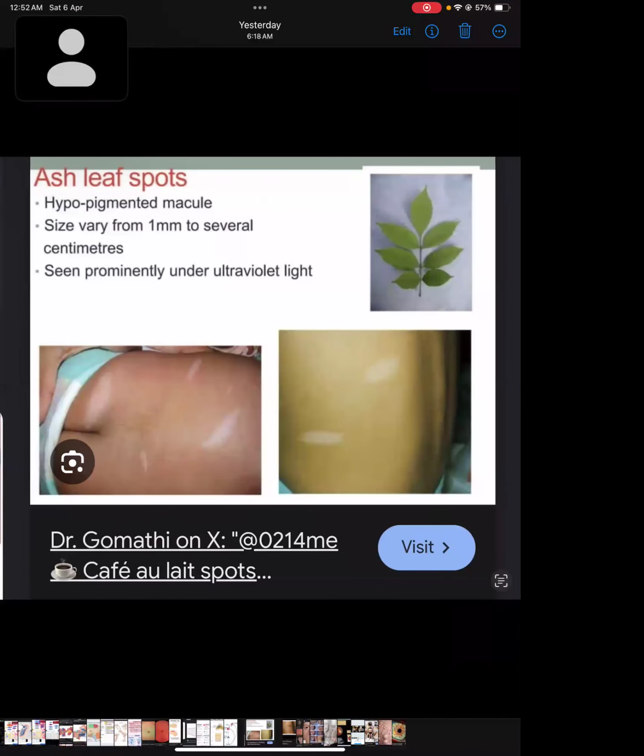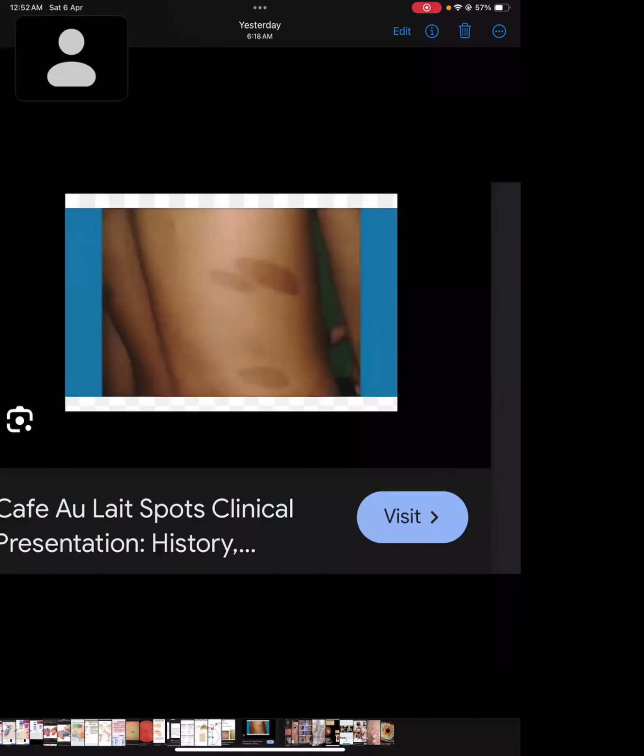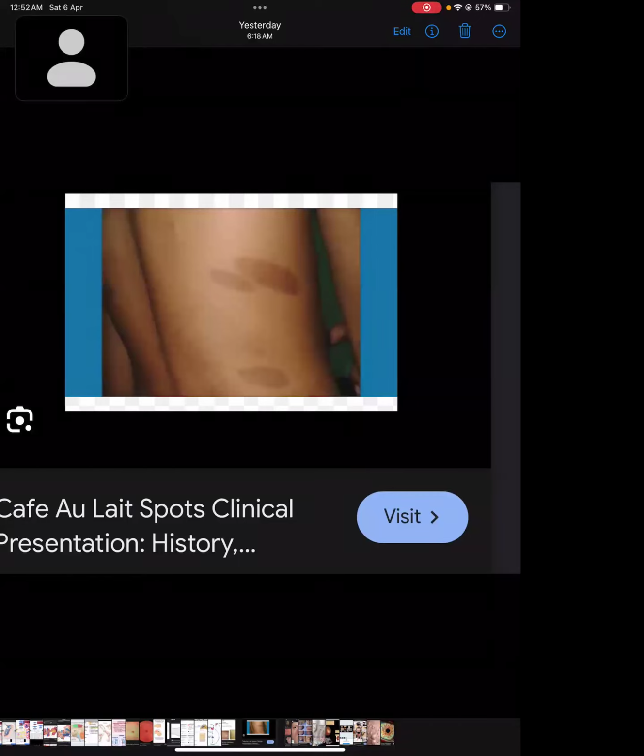First of all, I told you some will be dark, right? What can be the dark one? Café au lait. You know the café au lait, this is a French word actually. You know coffee? So from the name, you can understand it will be something like coffee color, brownish. It could be light brown or dark brown, but it will be brownish and hyperpigmented.